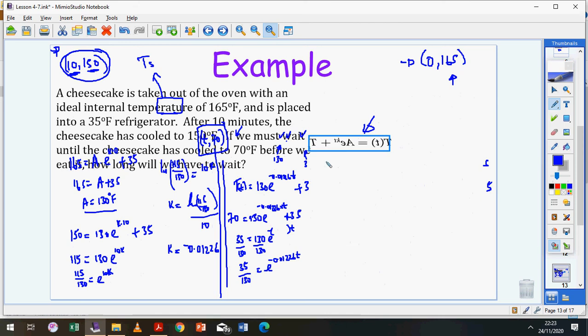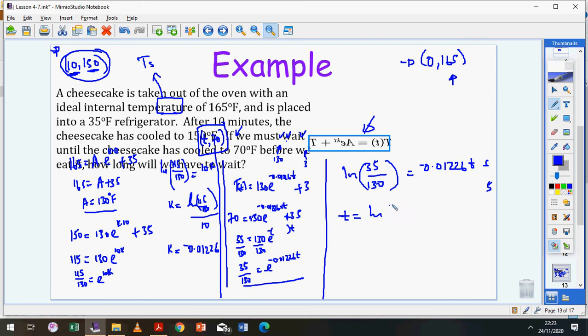35. I'm introducing natural log on both sides. So I'll have natural log of 35 out of 130 equals, on this side I'll be left with negative 0.01226 t. If I solve for t, that's natural log of 35 divided by 130, divided by negative 0.01226.